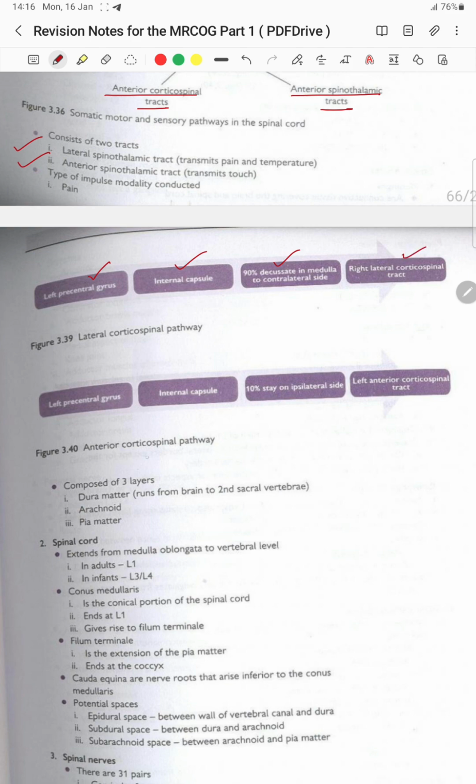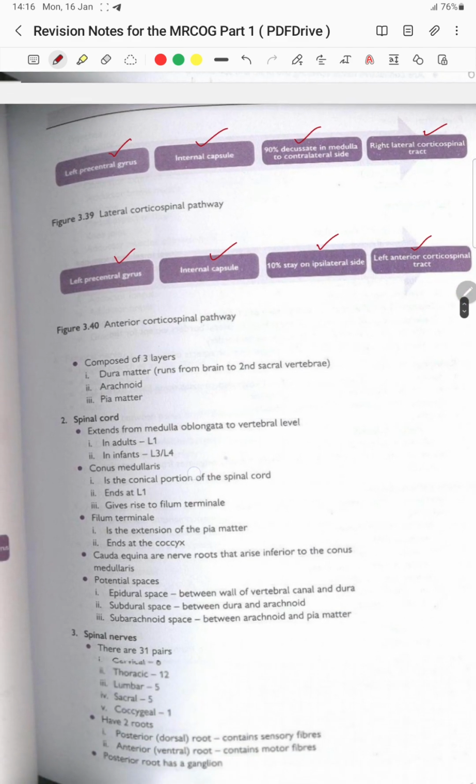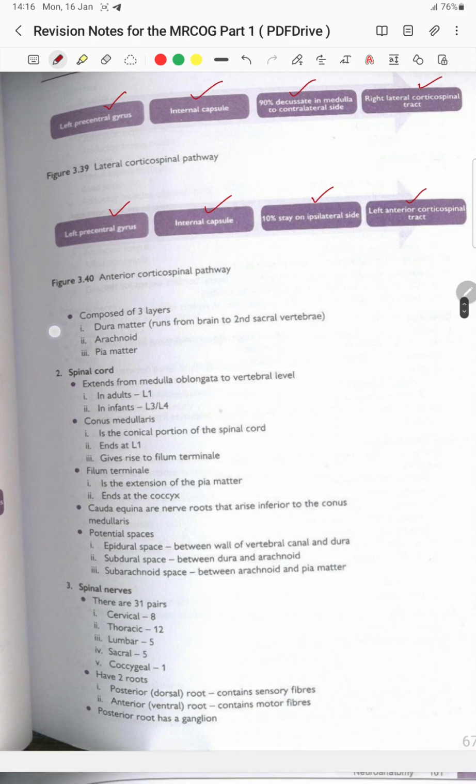And the anterior corticospinal pathway, they are the left precentral gyrus, then internal capsule, then 10% stay on the ipsilateral sides, and the left anterior corticospinal tract. It is composed of the three layers, the dura mater, arachnoid, and the pia mater.